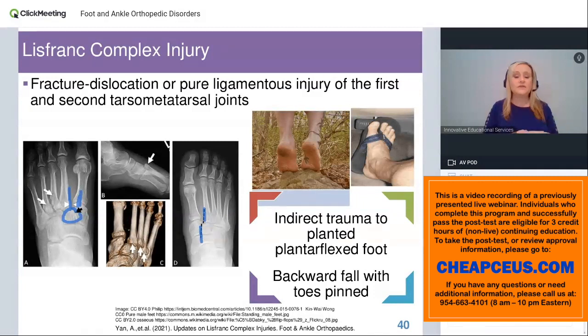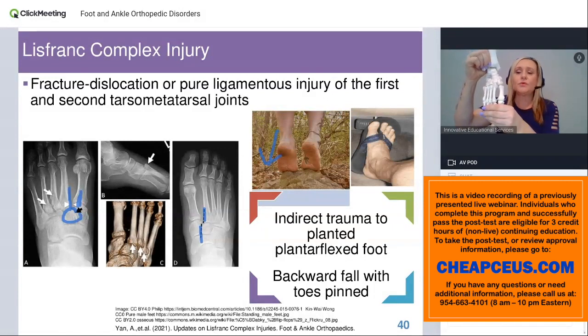This is an individual who, when they fall, their body weight coming down is going to separate this out as their body weight comes down, or they fall backwards. Let's say you have someone in rodeo or equestrian activities where their foot gets stuck, or under industrial equipment. It's going to splay this joint out, and that is a keystone for maintaining the arches of the foot. So it causes significant disruption in the alignment of the foot.